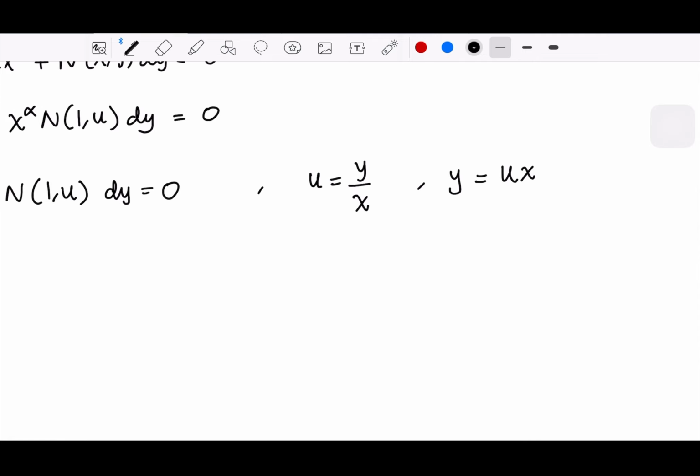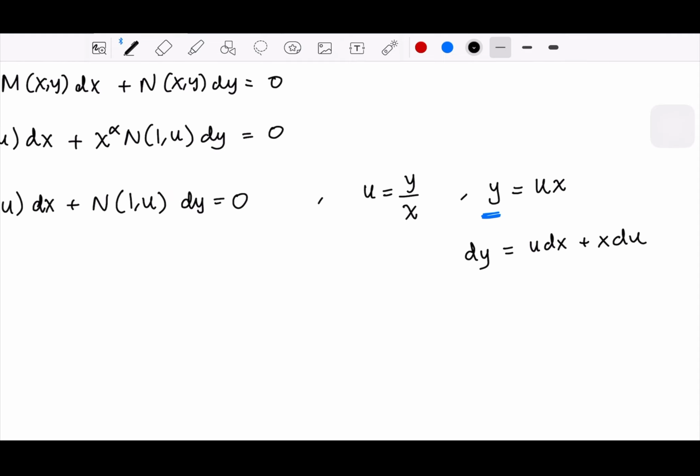Okay, now this y we can rewrite in terms of dy. So we use differentials and then use the product rule for ux. So this will be u dx plus x du. So it will complete our substitution. So we are going to substitute all the things that have y or x. It depends on the substitution. For this y over x, we are going to substitute this dy, and then the whole thing becomes just x and u.